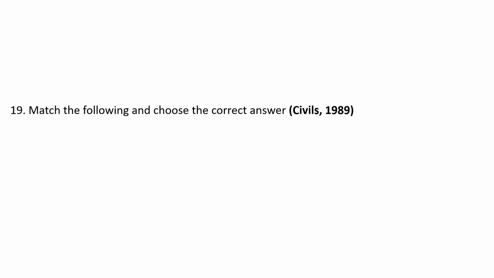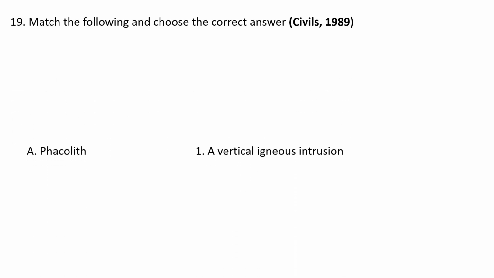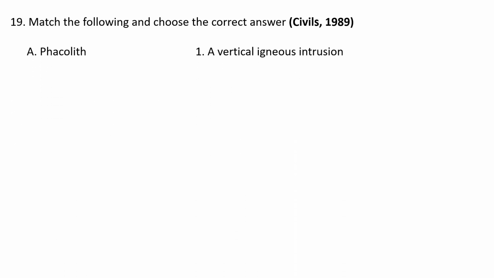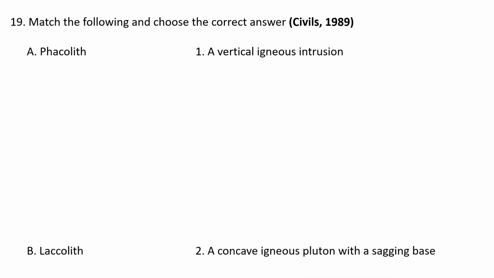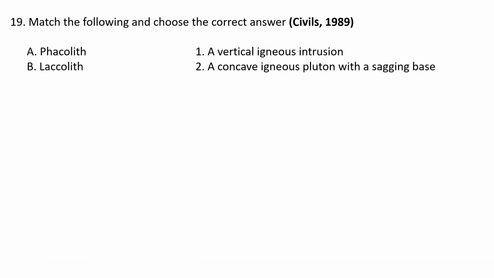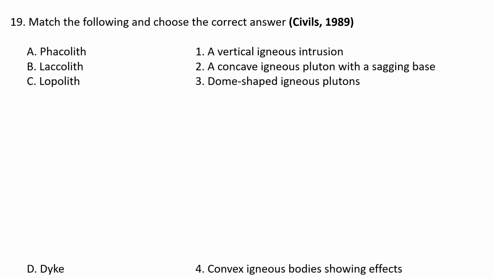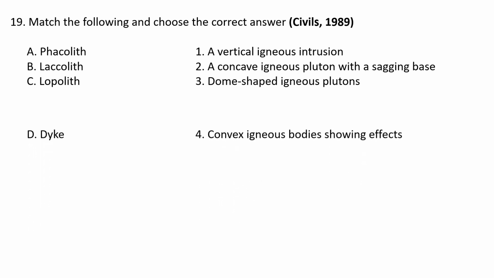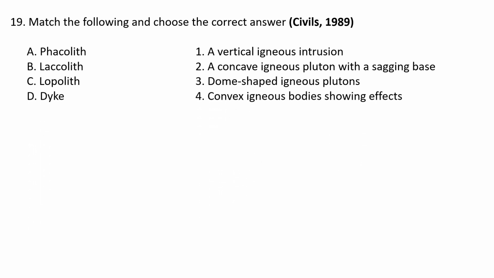Next question. Match the following and choose the correct answer. All these are the questions asked in Civil Services Prelims Exam 1989. There are two columns, A, B, C, D and 1, 2, 3, 4. A. Phacolith, B. Laccolith, C. Lopolith and D. Dike. Whereas in 1, 2, 3, 4: vertical igneous intrusion, a concave igneous pluton with a sagging base, dome-shaped igneous pluton, and convex igneous body showing effects.